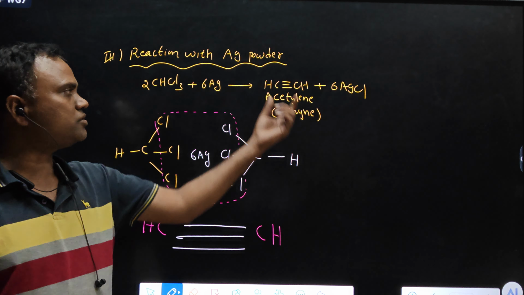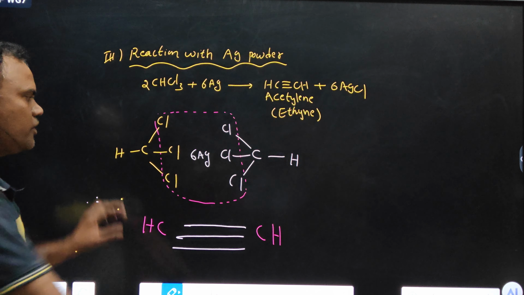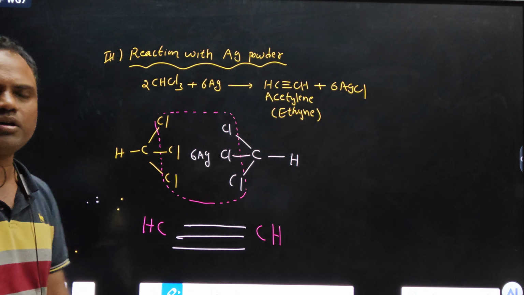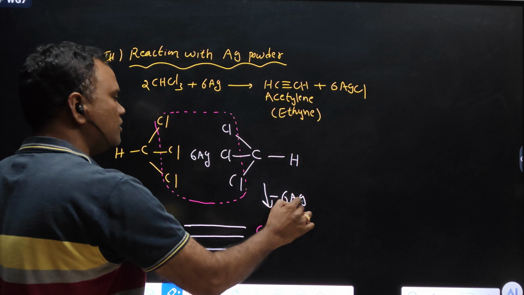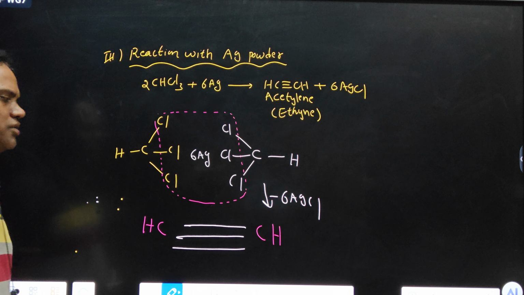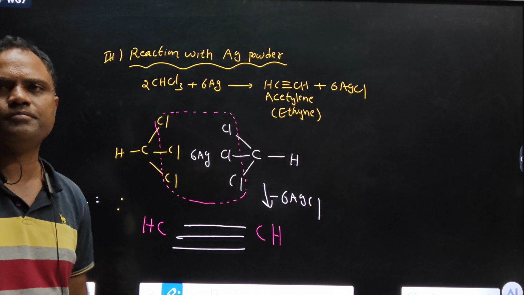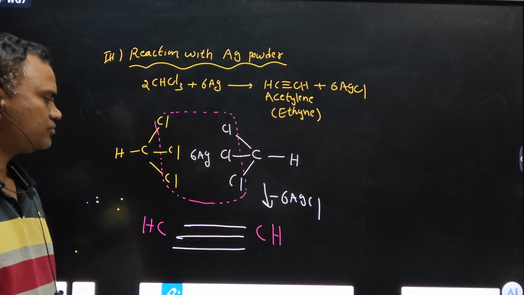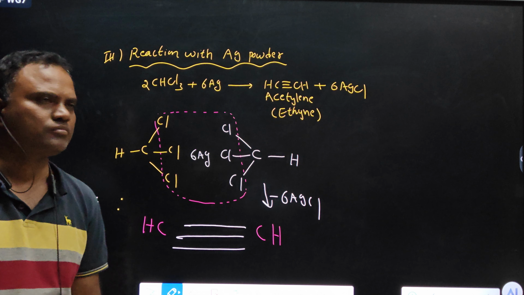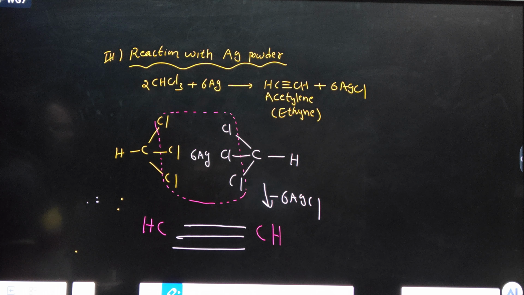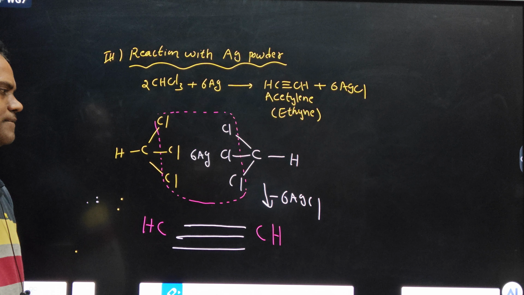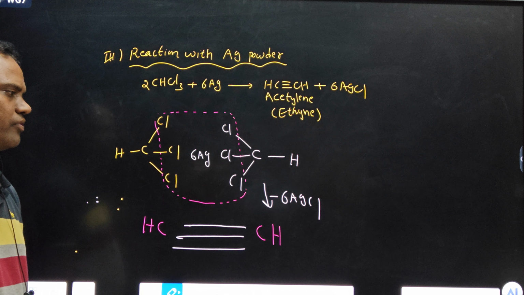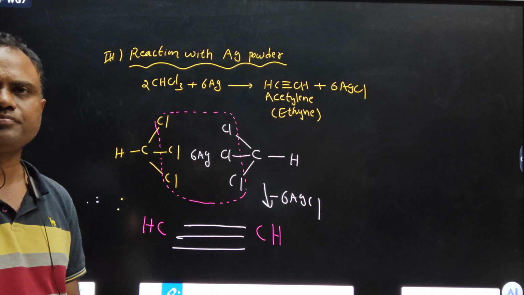CH triple bond CH, acetylene. We join these 2 units. That is the mechanism. You can write minus 6 AgCl. After eliminating 6 AgCl, we get acetylene. Completed.